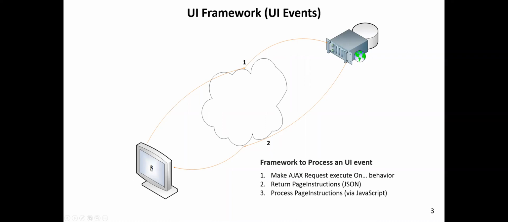Now the server has to update the page, maybe with search results or something like that. Instead of replacing the whole page, you just want to partially update the page. So you create page instructions in your on-click flowchart, and you send those page instructions back, and the browser one by one executes the page instructions to do different things.